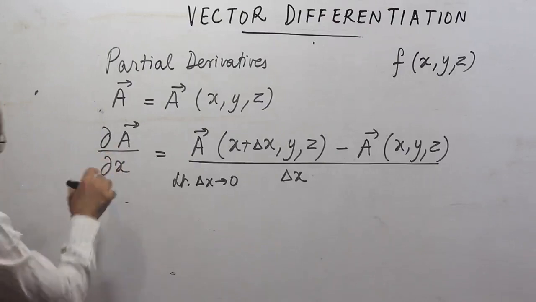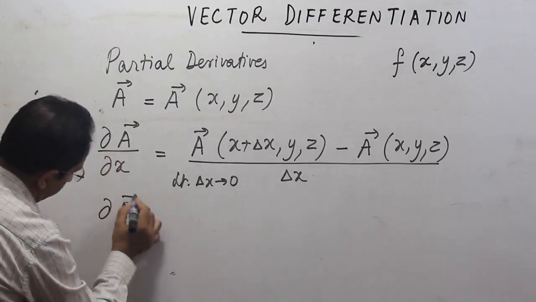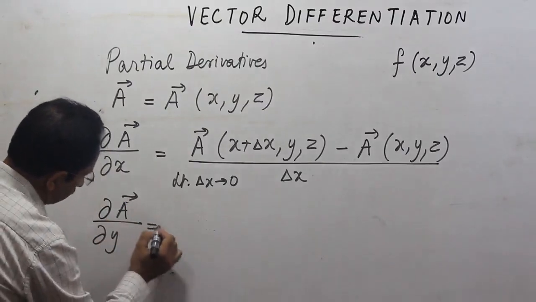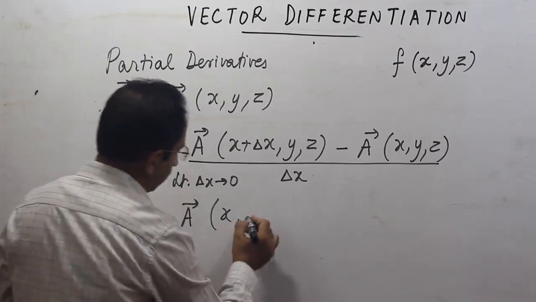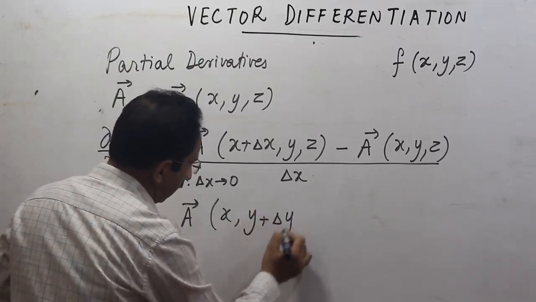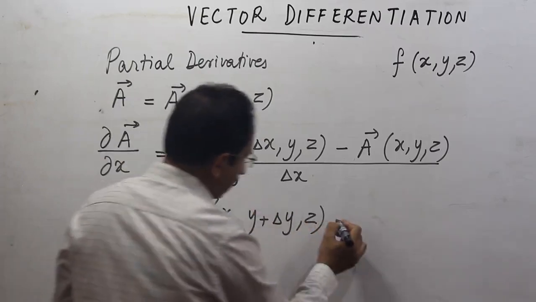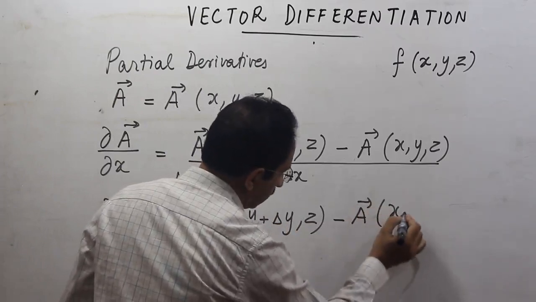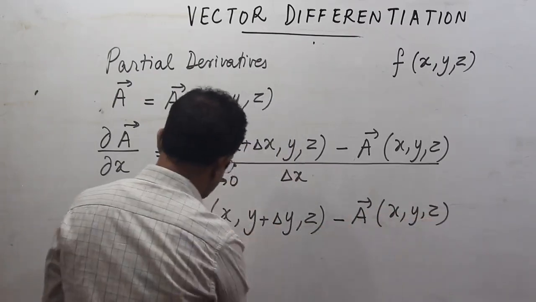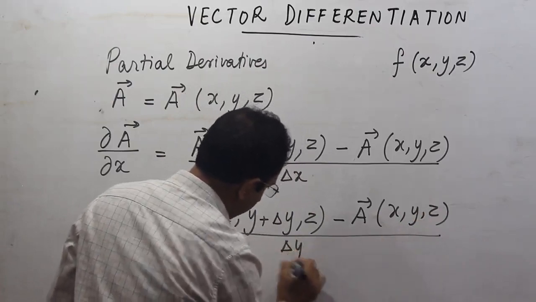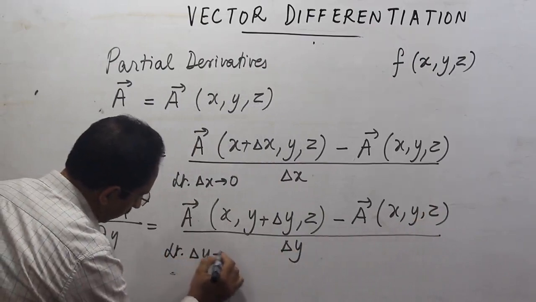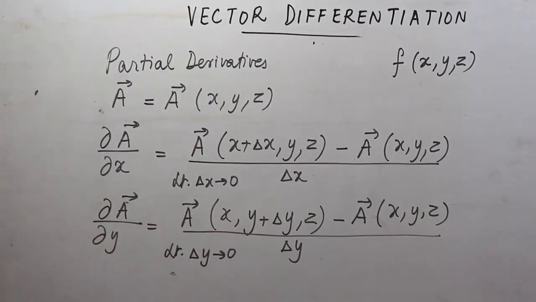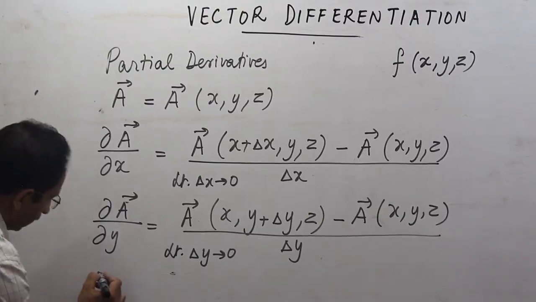Similarly, I can define the partial derivative with respect to y. It would be the value of the function A with x constant and y becoming y plus delta y, z, minus A of x, y, z, divided by delta y, such that delta y tends to 0. Similarly, for finding the derivative with respect to z, we have delta A.